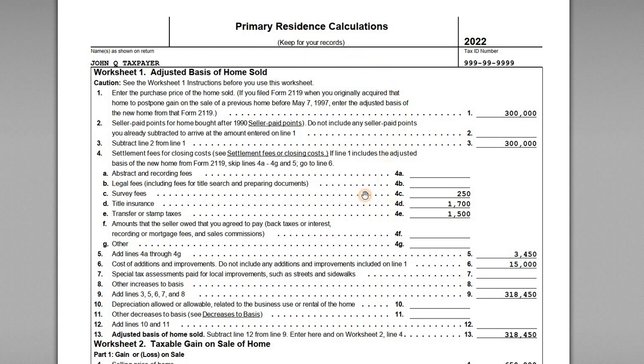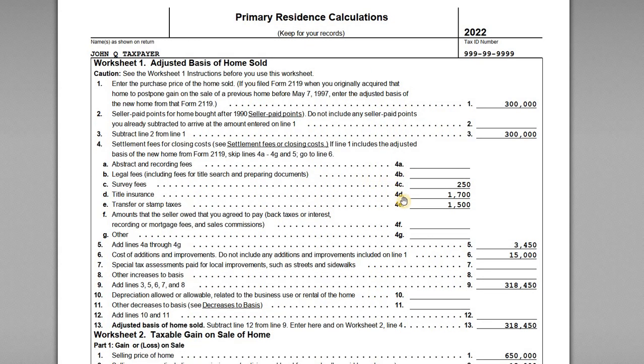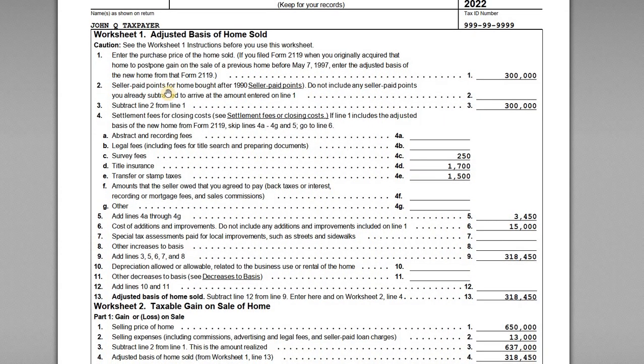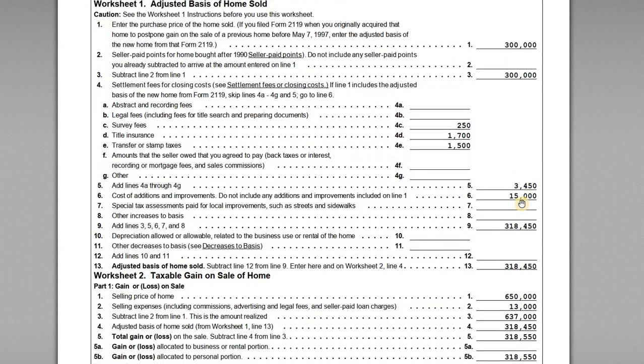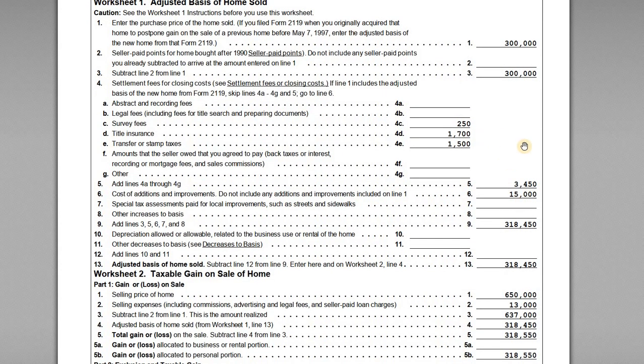So none of this is actually sent to the IRS, but these types of worksheets are very helpful if you need to figure out what your adjusted cost basis might be in the property. So in John's example here, we have the purchase price of the home when he initially bought it in February 2019, and then they ask us some questions and to input some information about items that will adjust the cost basis up or down on the property, right?